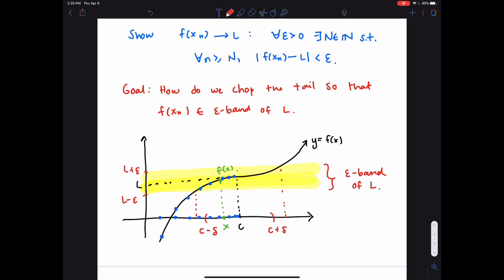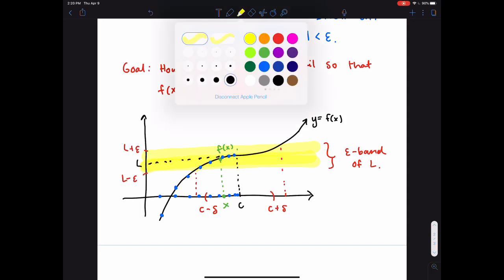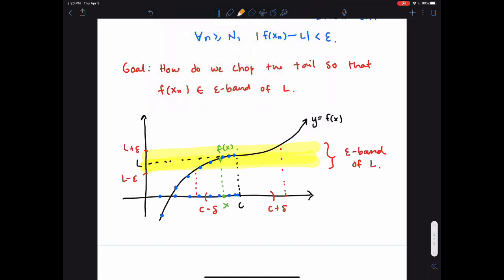Well, notice that what we're given is that the moment that we select a value from inside our delta neighborhood, we have to be guaranteed that the outputs associated with those values are in our epsilon band. So notice here that once my sequence enters the delta neighborhood, the outputs are going to have to be in the epsilon neighborhood.